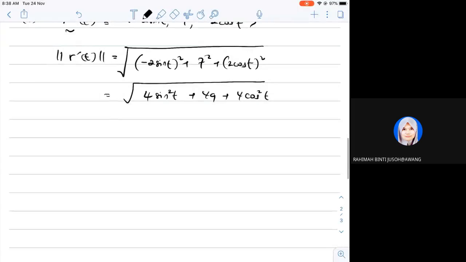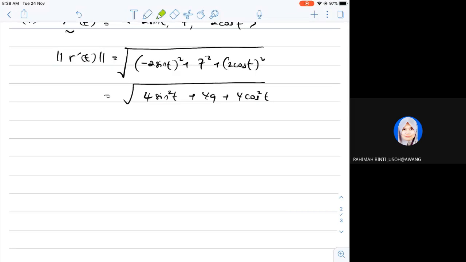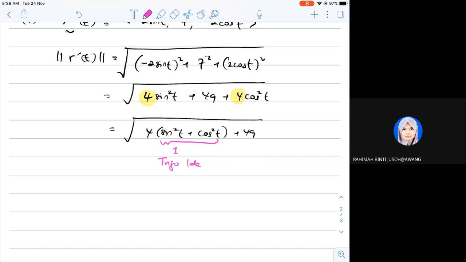If you notice here, we have the same coefficient for sine squared and cos squared, so we can combine this: 4 times sine squared t plus cos squared t, plus 49. This is equivalent to 1 by using the trigonometric identity.